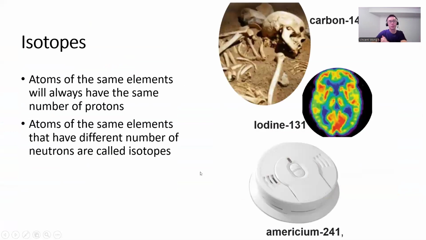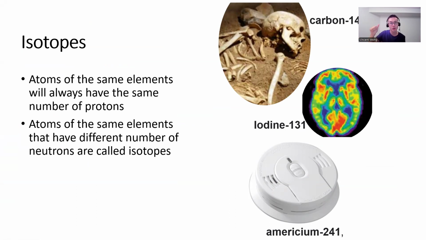Okay, so next we're going to talk about something called isotopes. Isotopes are atoms of the same element, but they have a different number of neutrons. Remember, in an atom, we have the proton, the electron, and the neutrons.